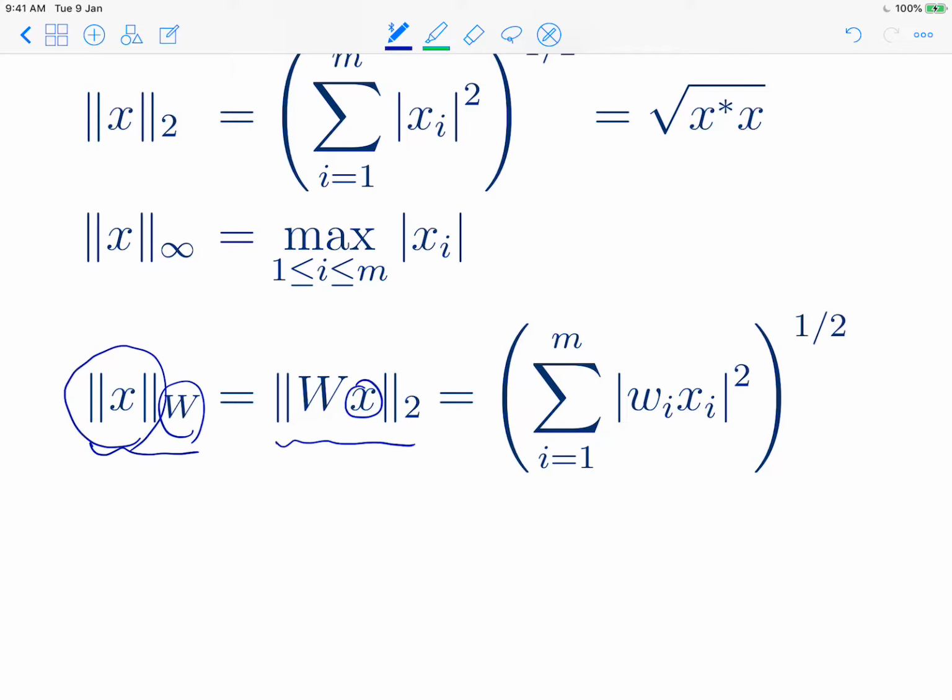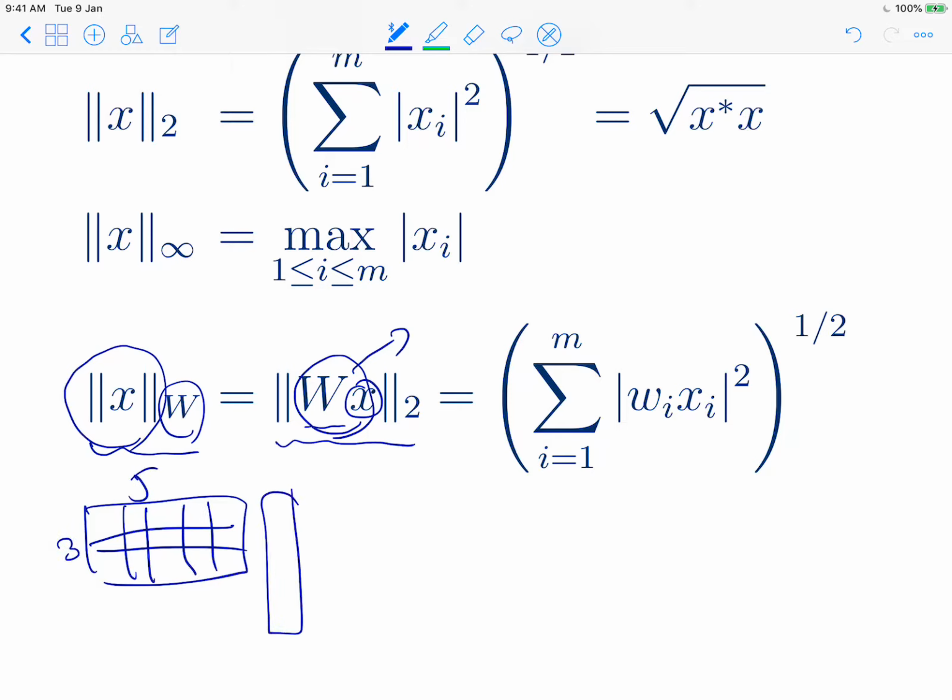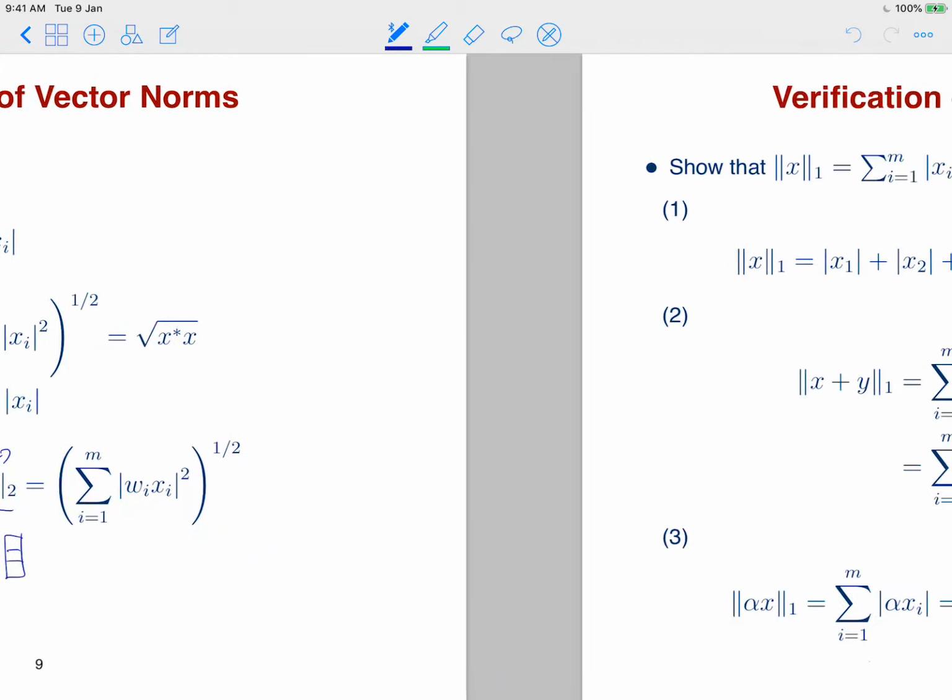Given W and x, we multiply them, and it is still a vector. So if W is maybe 3 by 5, x should be a 5-dimensional vector, and it will produce a 3-dimensional vector, right? And then we just compute the L2 norm on this vector.